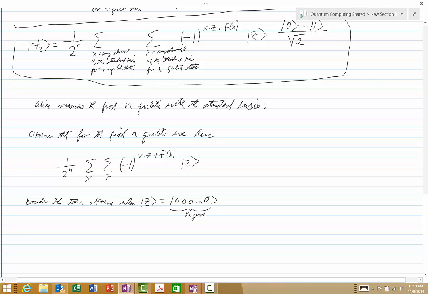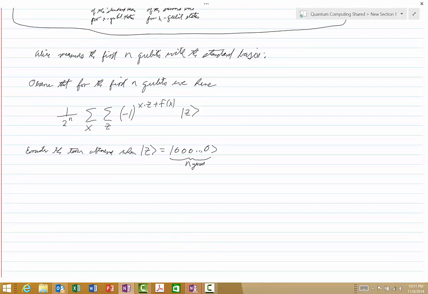We're picking just one of those. This one term is 1 over 2 to the n sum over x, and now we don't need the summation for z because we're just talking about one of the particular z terms. So there's no summation here, we're just looking at one term, and that's when z is equal to this term.